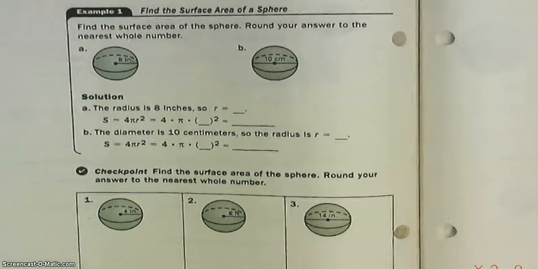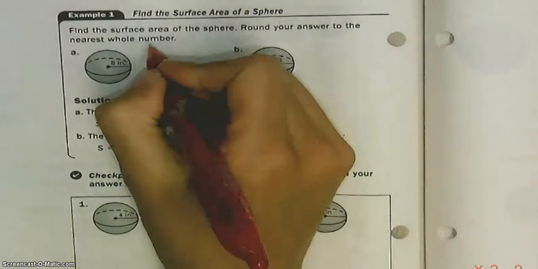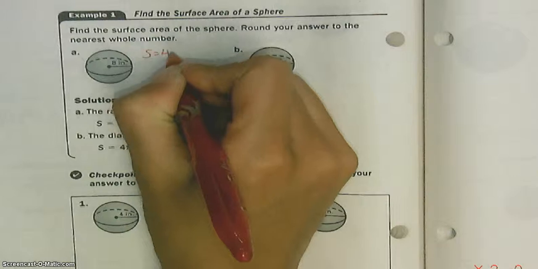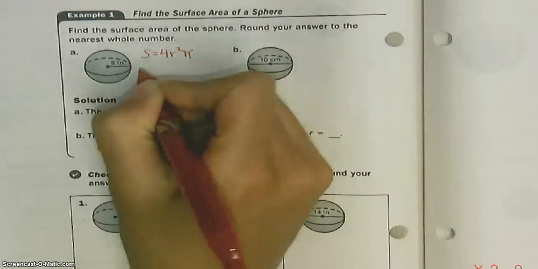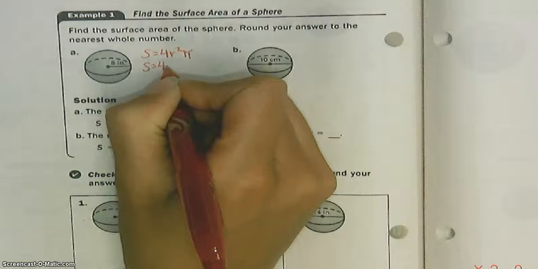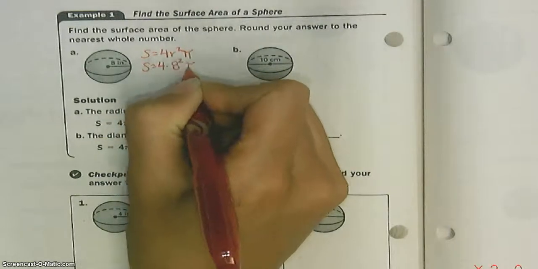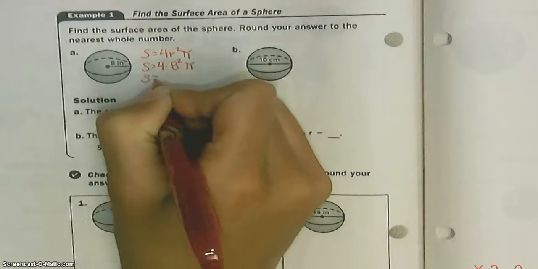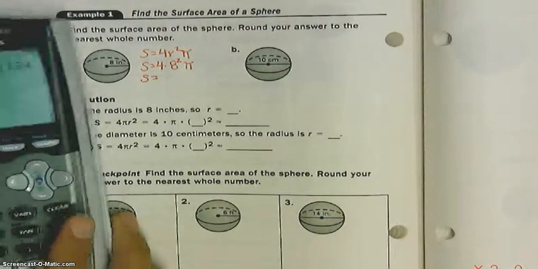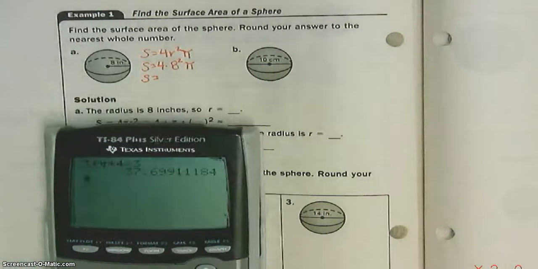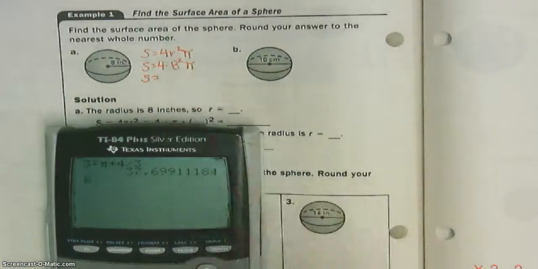Find the surface area of the sphere. All right, so surface area equals 4 r squared pi. 4 of those circles fit on the outside. The radius here is 8, so 8 squared pi. All right, so 8 squared is 64. 4 times 64. If you want, at this point, you can put this whole thing in your calculator, or you can leave it in terms of pi.